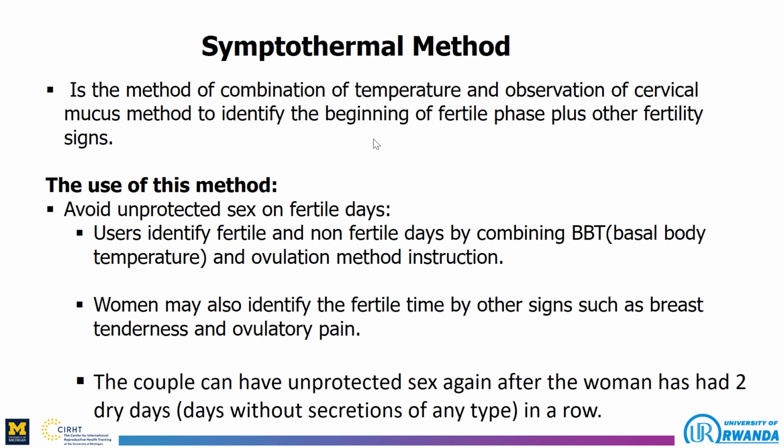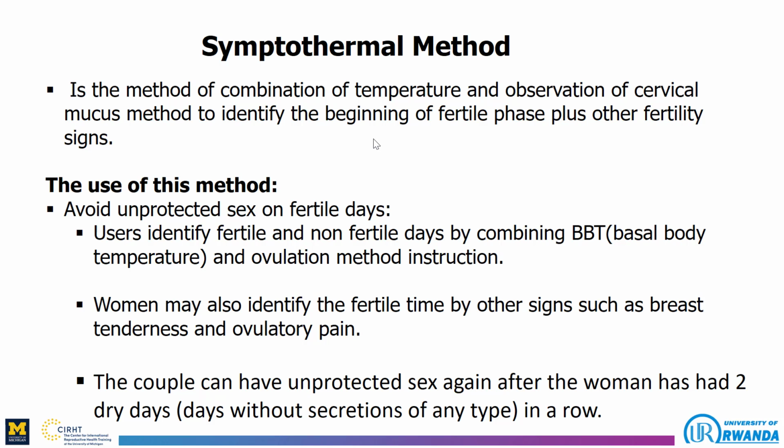Another method is the sympto-thermal method. It combines temperature and observation of cervical mucus to identify the beginning of the fertile phase, plus other fertility signs. When using this method, you have to avoid unprotected sex on fertile days.